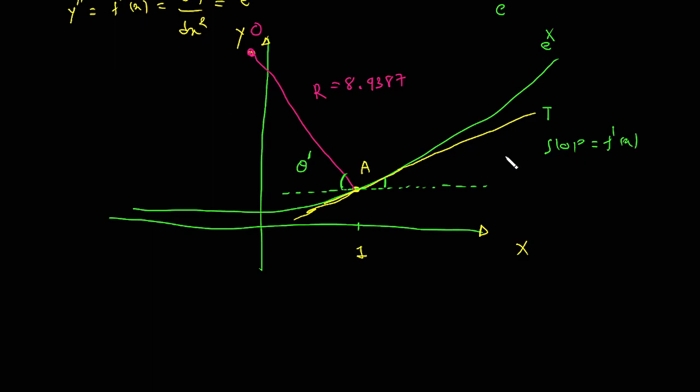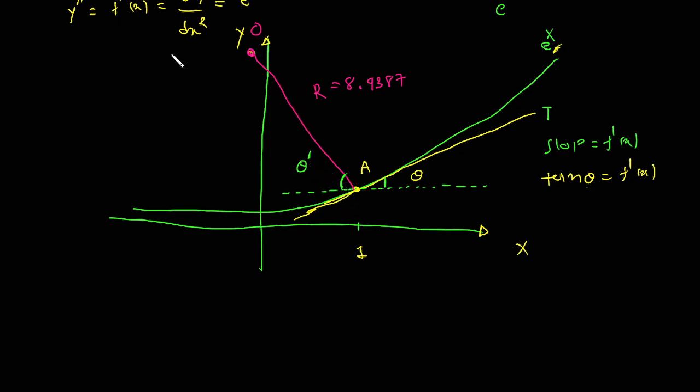So we can equate: tan of theta equals the first derivative, where theta is the angle this tangent at this particular point makes with the horizontal line. So we can find theta by using the first derivative of the function e to the x. But here we need this other angle.